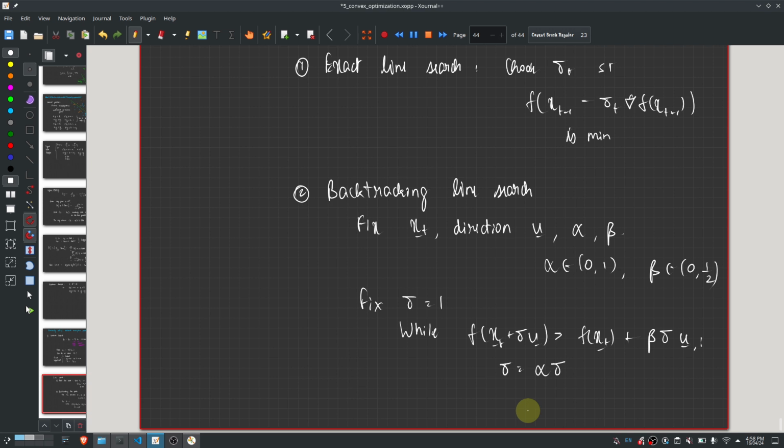Let's look at this a little more carefully. What is this line doing? You keep decreasing the value of delta, because alpha is strictly between 0 and 1. In every step, you keep decreasing delta as long as f of xt plus delta times u is greater than f of xt plus beta times delta times the gradient of f at xt times u.